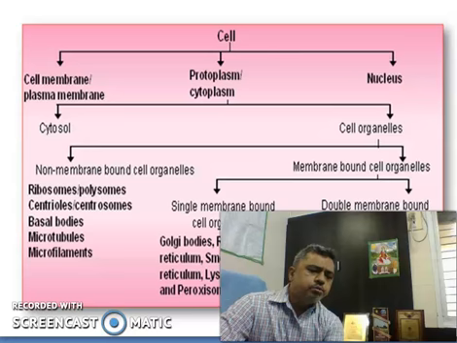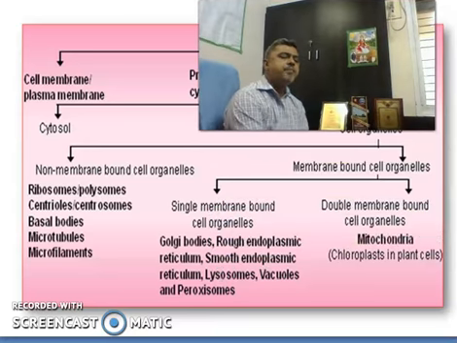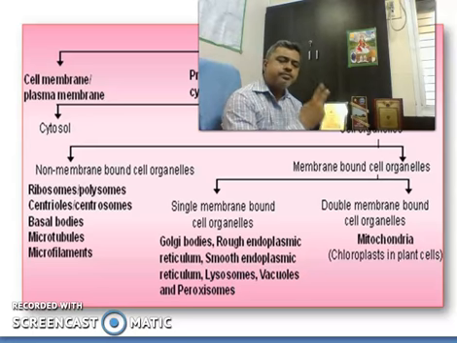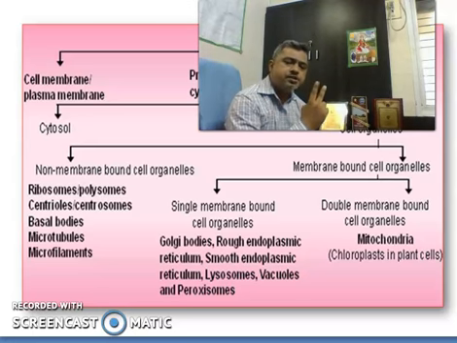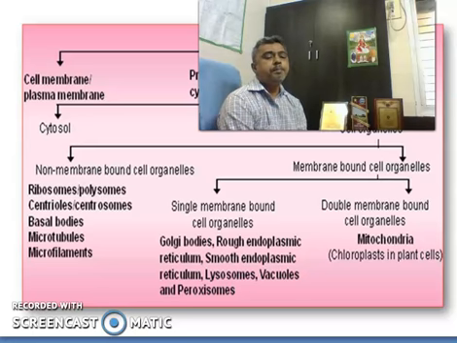Now, another thing, that is membrane bound cell organelles. How many types of? There are two types: single membrane bound organelles and double membrane bound cell organelles.